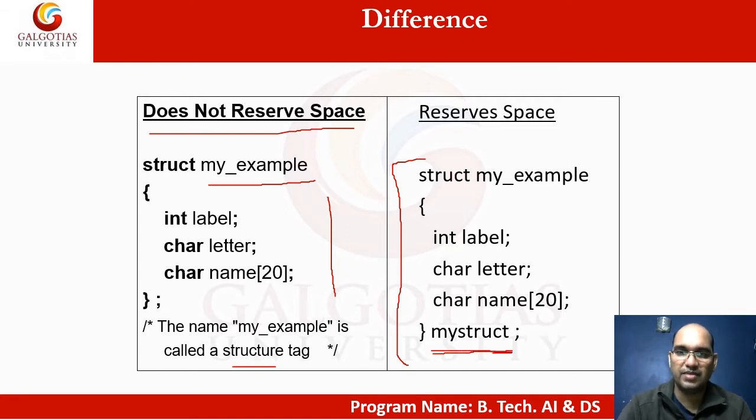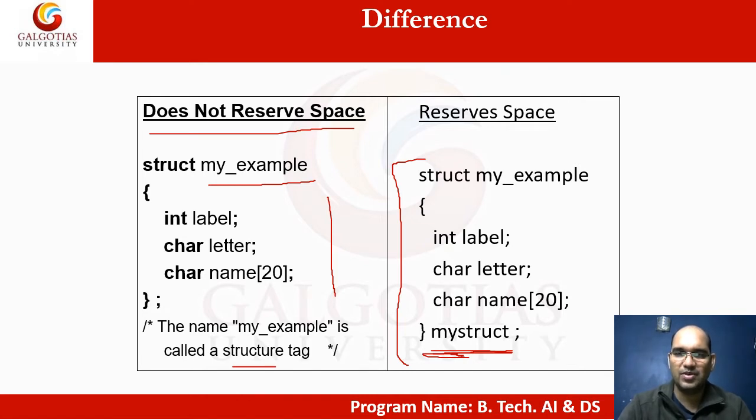When we define a structure variable, it is not only about the structure; it is also like your integer. When you write int a, it reserves 2 bytes, or depending on the compiler 4 bytes, in memory, and we put the name a on that particular memory. The same thing happens here when we declare using my struct. The memory will be allocated for all the elements which my example holds, because my struct is of type my example.